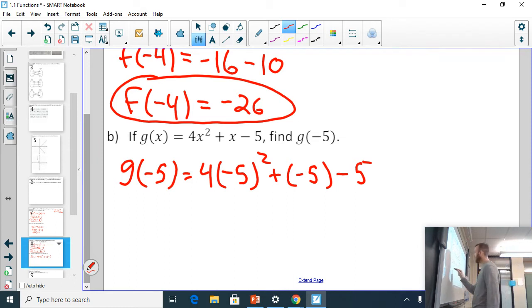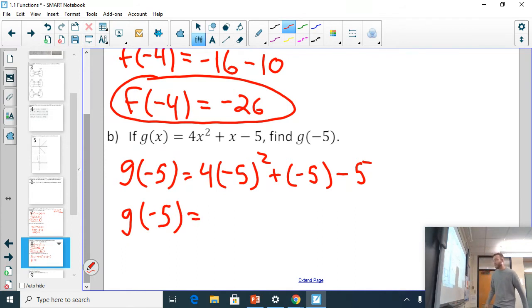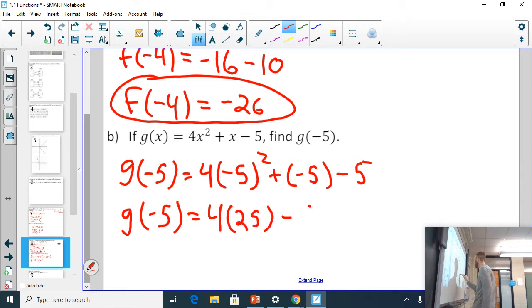Now there's a couple things we have to take care of first, remembering PEMDAS, our order of operations. We have negative 5 squared. Negative 5 times negative 5 is going to be a positive 25. So we have 4 times positive 25. Plus a negative 5 is the same thing as minus 5, and then minus another 5.